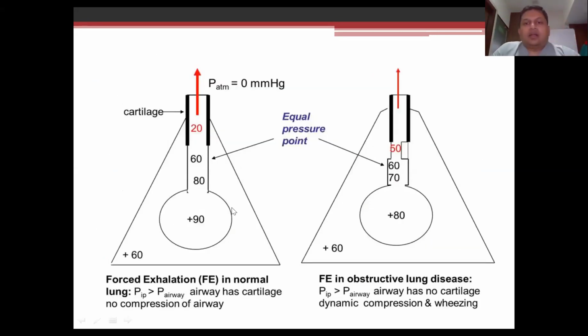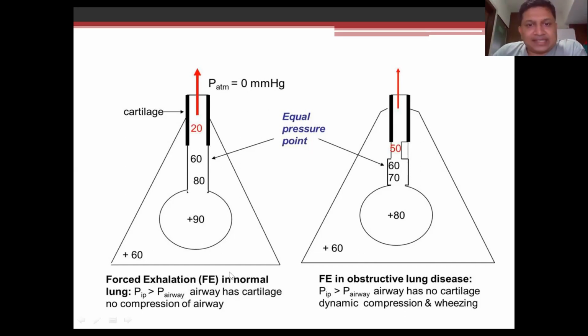So let's look at this. If your airway becomes compressible and you have to do a forced expiration, in case of exercise or in case of status asthmaticus, if you do a forceful expiration and your airways are not compliant, then what will happen, that we'll discuss.